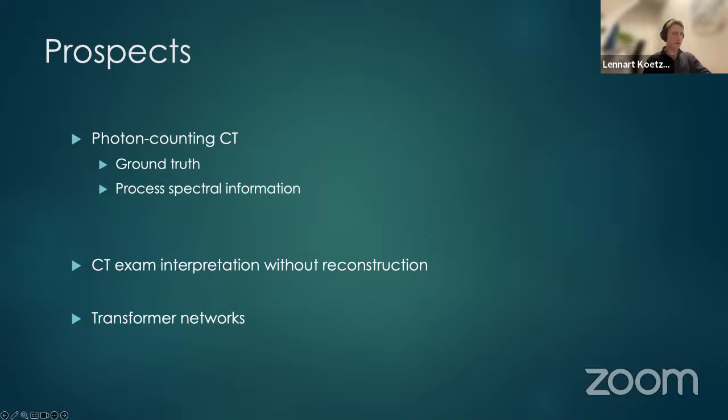So overall, I think we all know deep learning has a huge potential in radiology. And I think, especially in spectral CT, there's a big potential to process this increased information into clinically meaningful images.